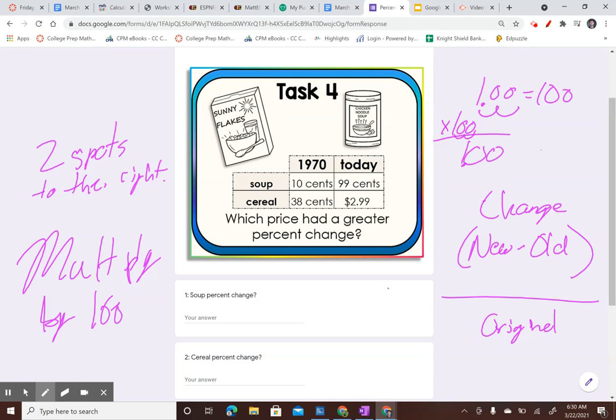Or let's say we start with a different number like 54 times 100. That's going to give me 5,400, or I could have simply just added my 2 zeros afterwards, put my new decimal place there, and again that gives me 5,400. So that's why multiplying by 100 is just the same thing as moving it over 2 places.